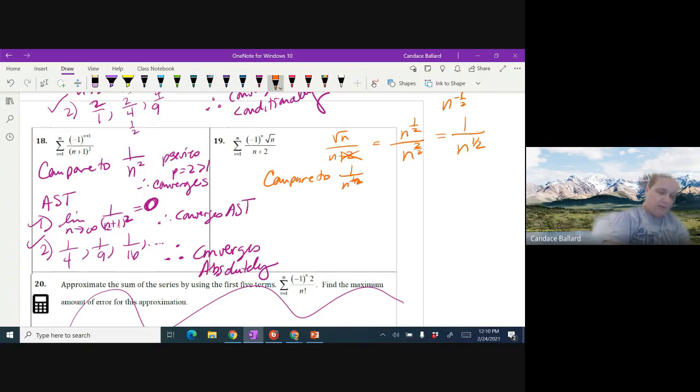What kind of series is 1 over n to the 1/2? I want to hear from everybody. What kind of series is that? That looks terrible. I'll fix it. Okay, so it is a p series where p is equal to 1/2, which is less than 1. So does it converge or diverge?